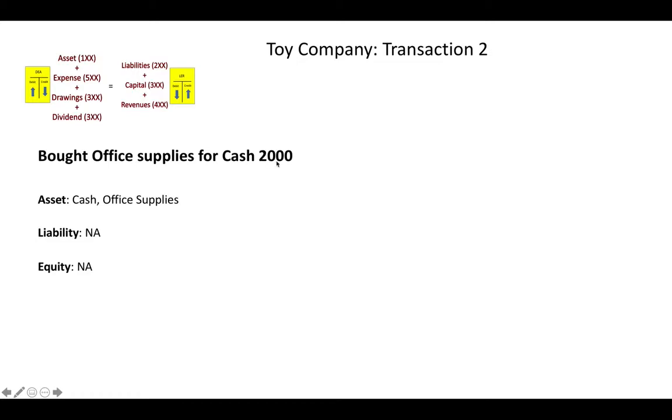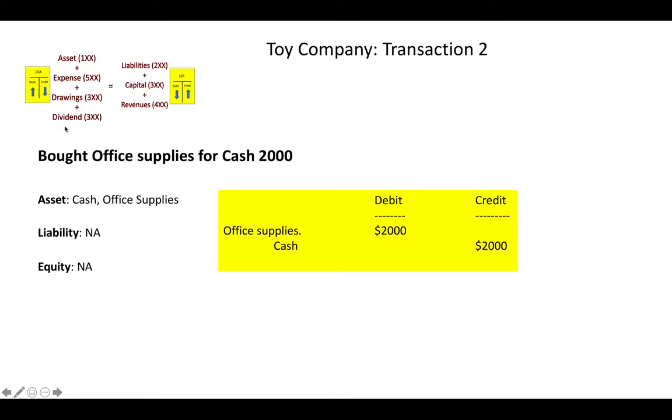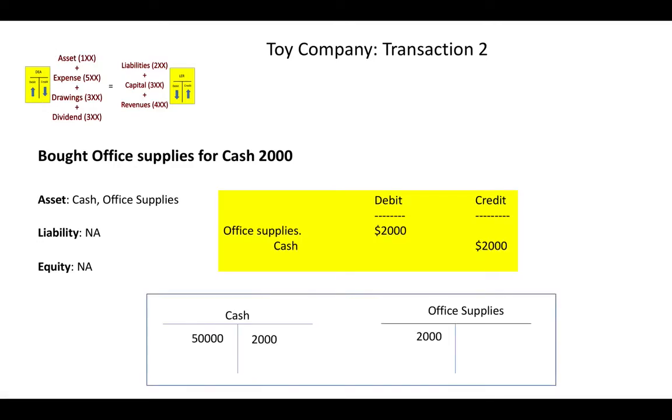Cash is reduced. We paid cash for the supplies, and cash is decreased. So this is a credit. So office supplies to cash 2,000. Now in the T account, you can see 2,000 is sitting on the right side of the cash account, and this is the credit side of it.